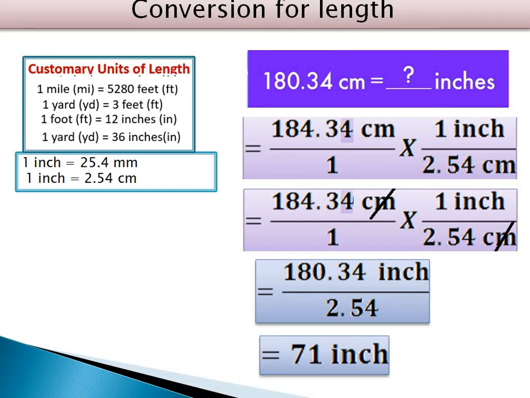Sorry, some mistake I have made, we will consider 180.34 centimeter is equal to 1 inch divided by 2.54 centimeter. So the centimeter unit will get cancelled. So 180.34 divided by 2.54 is equal to 71 inches.